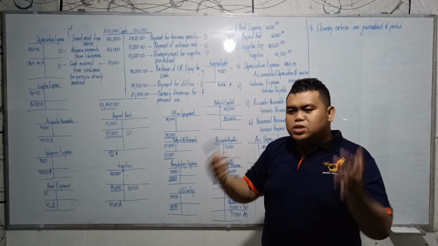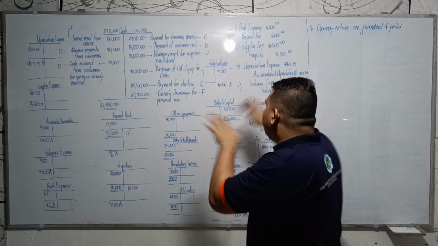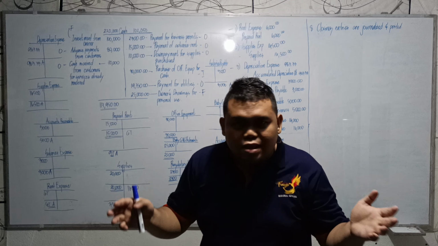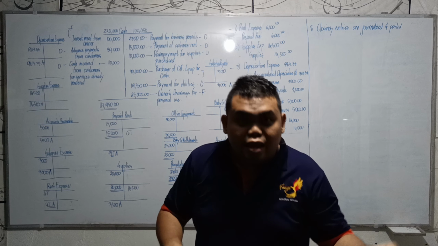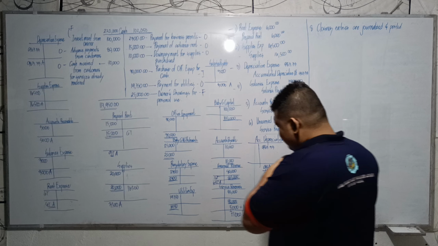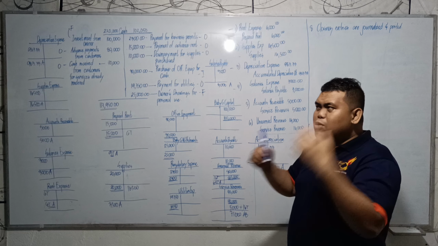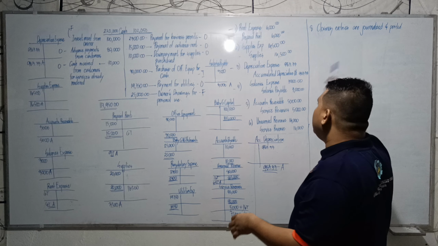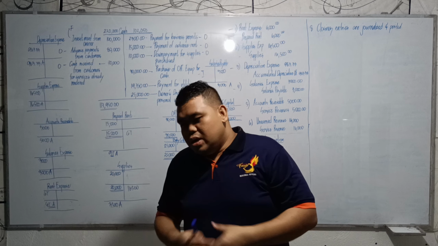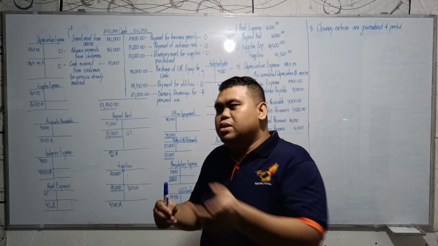If the adjusting entries are made in order to adjust the balances of some expenses, to update them into the proper amount, the objective of the closing entries is to zero out the income and expense accounts.